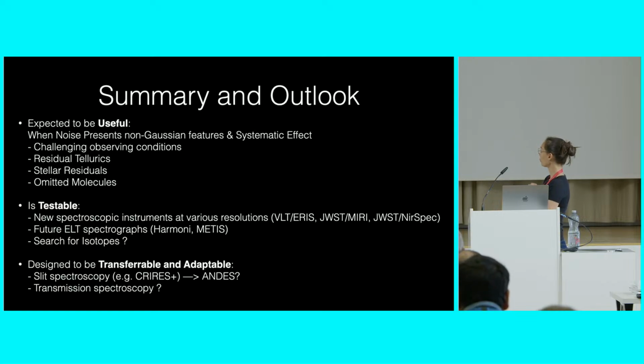I got a lot of suggestions from the community to test the search for isotopes or trace species, so I'm very open to discuss this. Generally it's also built to be transferable and adaptable to slit spectroscopy or transmission spectroscopy, but on this side I have much less knowledge. I would love to have input from the community.